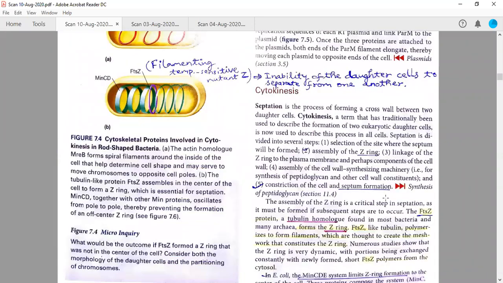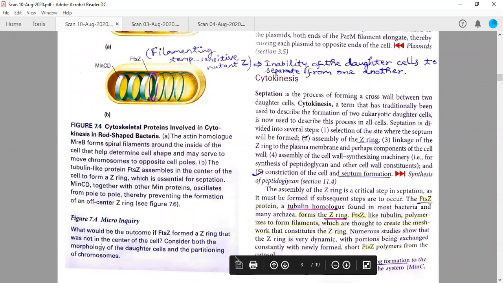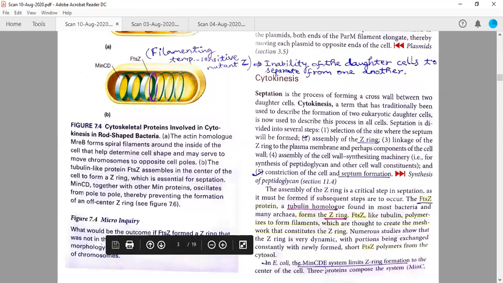So, it is also written here that in E. coli there is a complete complex called the Min CDE complex, which is made up of three different Min proteins and limits the Z ring formation to the center of the cell. Please note this.